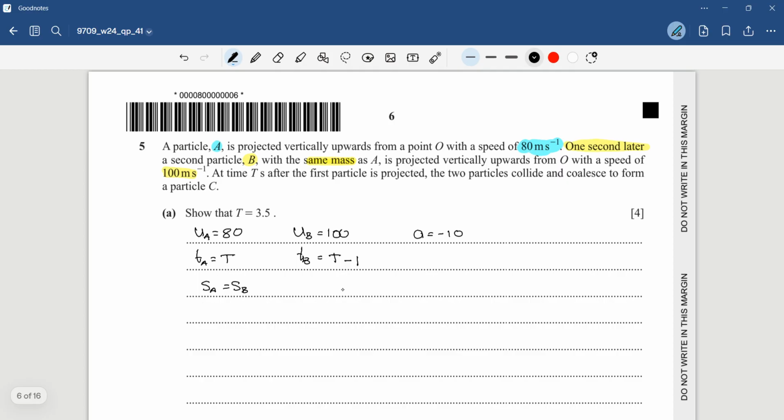So we can use the formula where S equals UT plus half AT squared. So for A, it's going to be 80T plus half A T squared is equivalent to 100 (T minus 1) plus half A (T minus 1) squared.